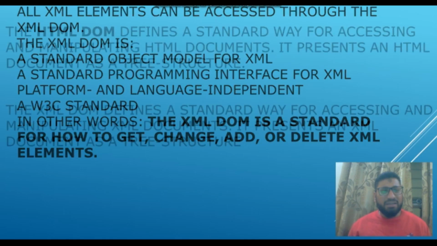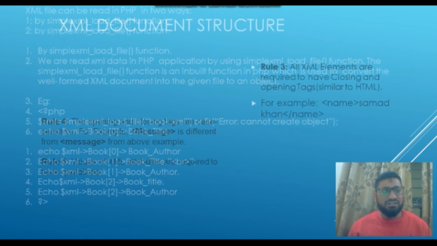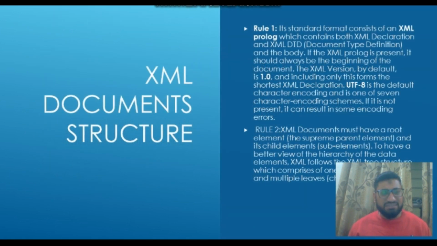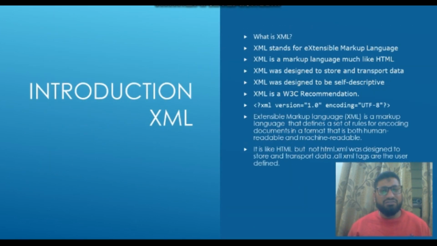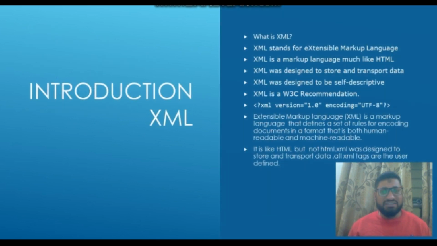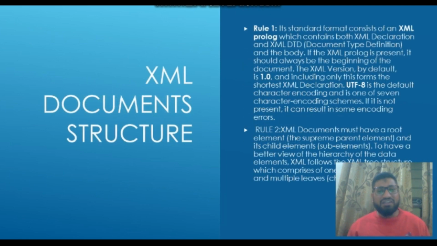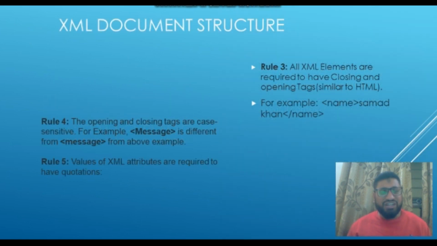A quick recap of what we did in chapter number 3. We have seen what is XML, what XML stands for, what is the purpose of XML. Then we have seen an example of XML. Again we have seen different rules for an XML file, 5 important rules.